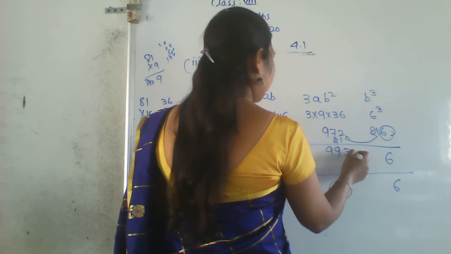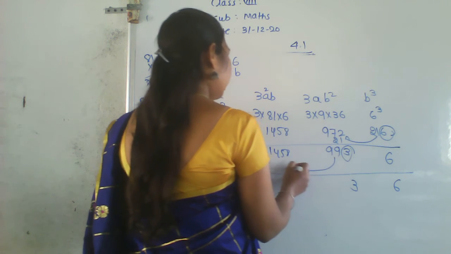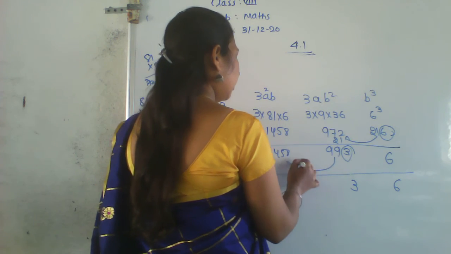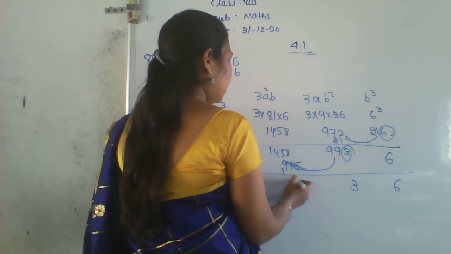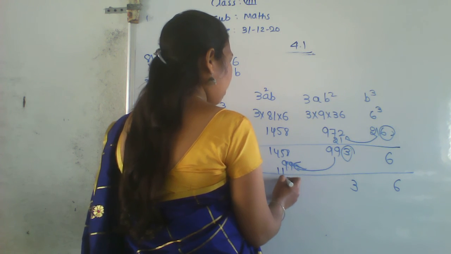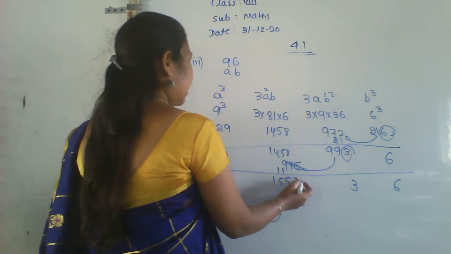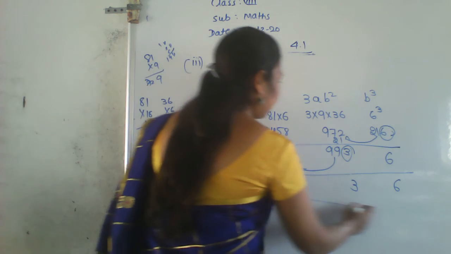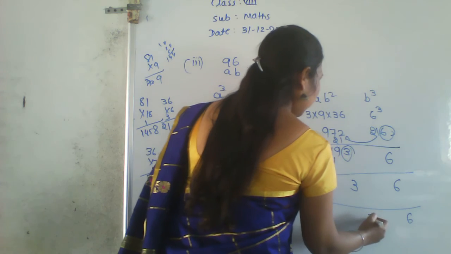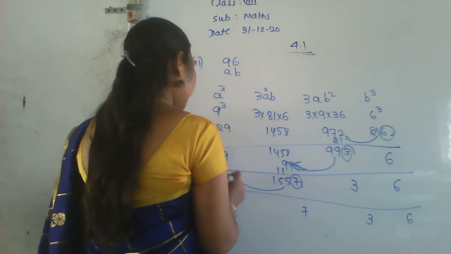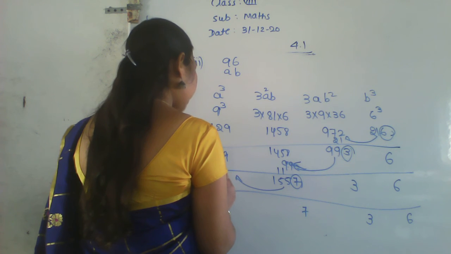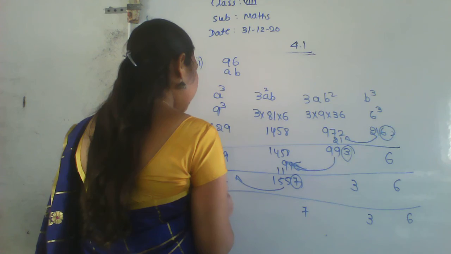If 6 is there, write only 3 and take 99 here and add 17, 155, right? In the next step, here 6, 3, write the 7 value here. Take 155 and add 14, here 8, 8.